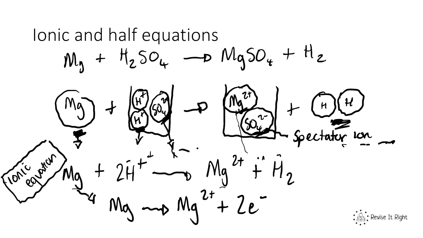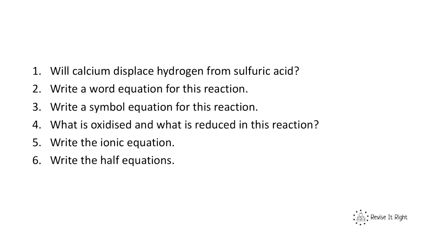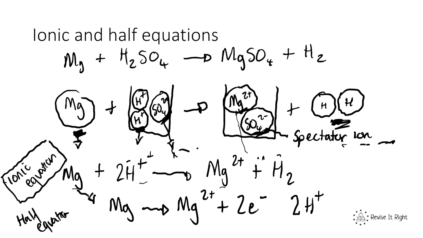Okay, so that is our half equation for magnesium. And now if we write a half equation for hydrogen, okay, so it started off as 2 H plus ions. That's now added 2 electrons, which have come from the magnesium, to now form our hydrogen atoms, or our hydrogen gas.